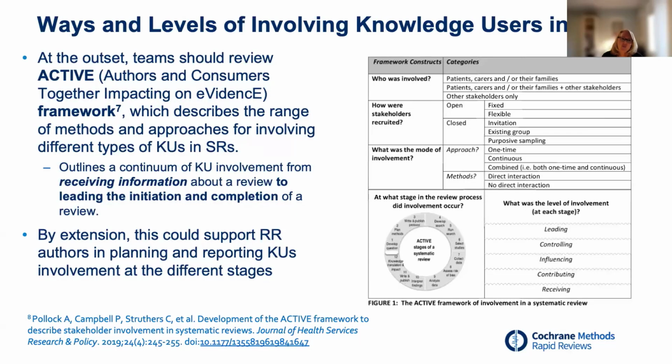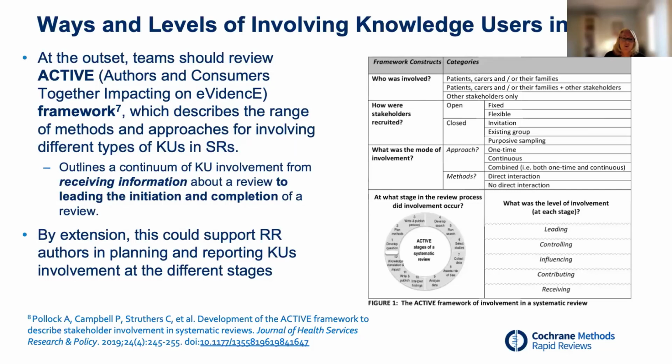So just a little bit more about ways and levels of involving knowledge users. At the outset, what we'd encourage you to do is to look at the active framework, which describes quite a range of methods and approaches for involving different types of knowledge users in systematic reviews.